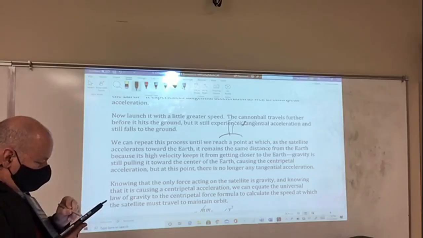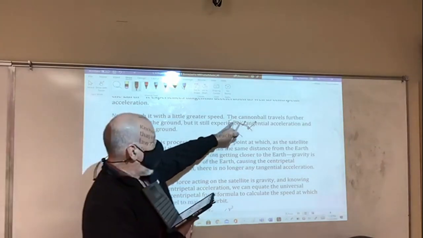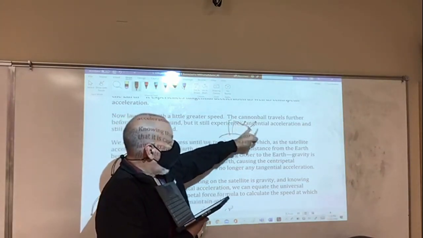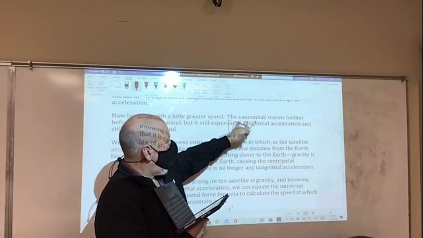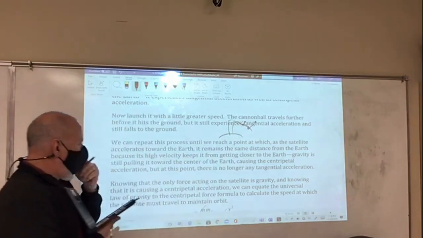Okay? It wants to be here, but the Earth pulls it to this point. Right? It accelerates it towards the center. But as it's going around, it's no longer increasing in its velocity around the circle of the path. Okay? It's no longer experiencing tangential acceleration. It's going that same velocity.